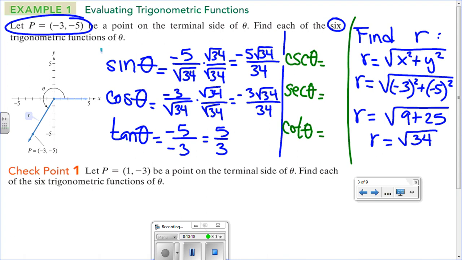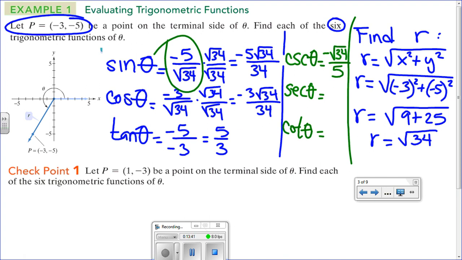Okay, so who's going to tell me cosecant? Oh, Andrew, you were next. You want to tell me cosecant? That would be negative square root of 34 over 5. Very nice. And so you gave me the reciprocal of this one. Nice. Who's going to tell me secant, Julio?